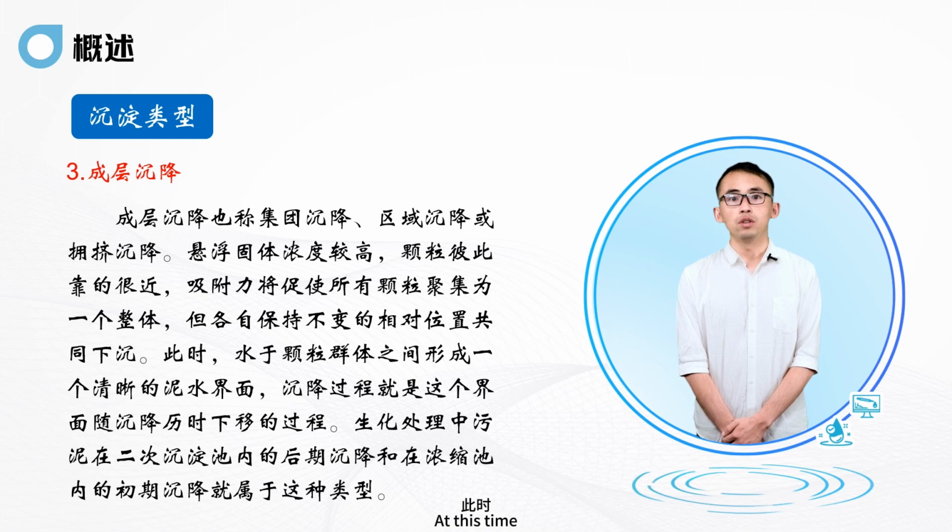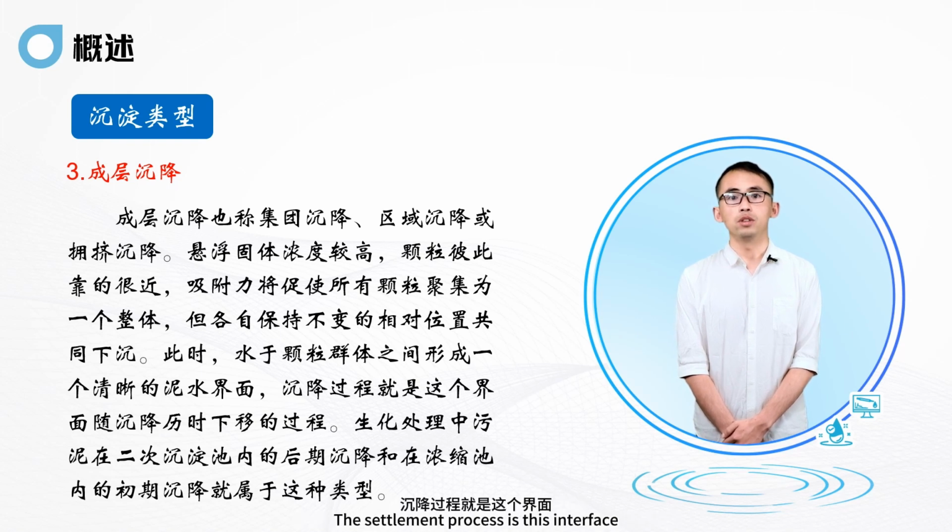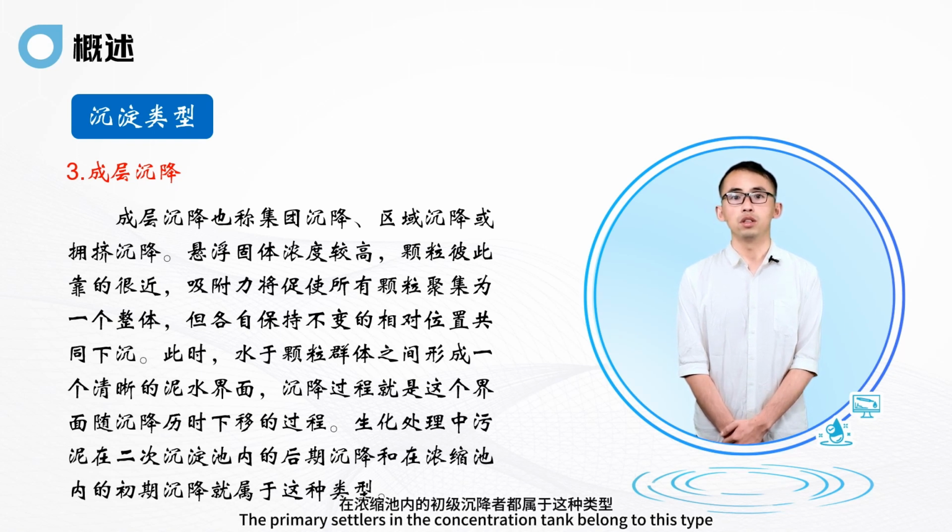At this time, a clear muddy water interface is formed between the water and the particles. The settlement process is the process of this interface decreasing over settlement duration. In biochemical treatment, the later sedimentation of sludge in the secondary sedimentation tank and the primary settlers in the concentration tank belong to this type.